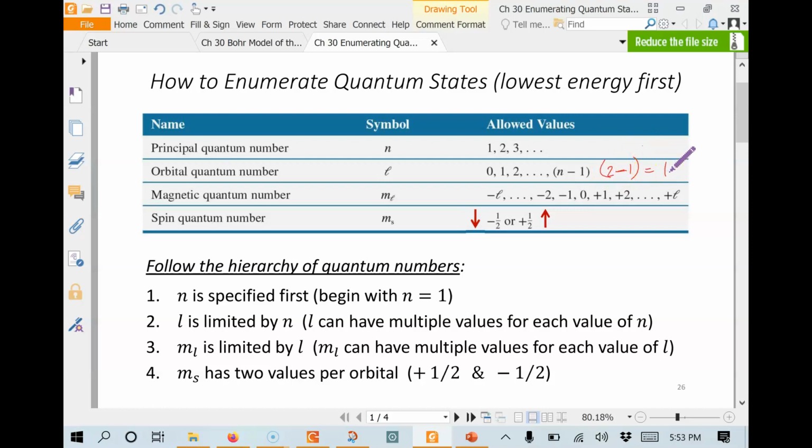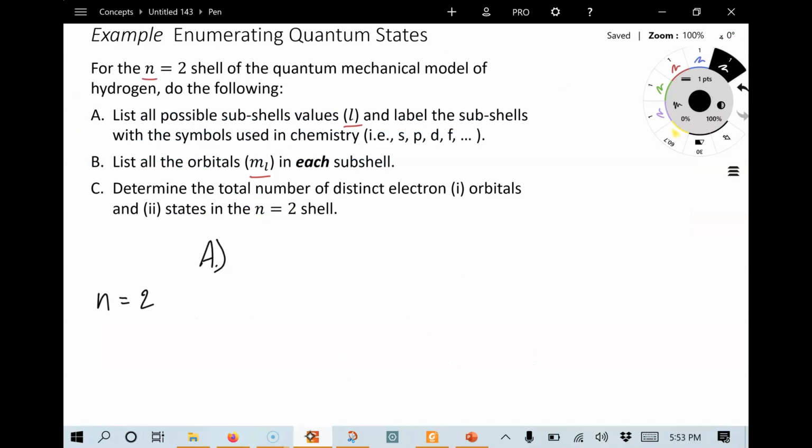We can only go up to 1, so we either get to have 0 or 1 in this case. So we've got L equals 0 or L equals 1. And they also ask us to label these subshells using the chemistry terminology.